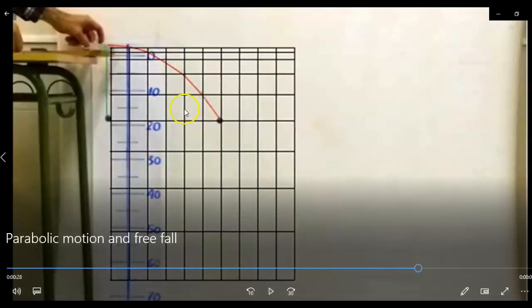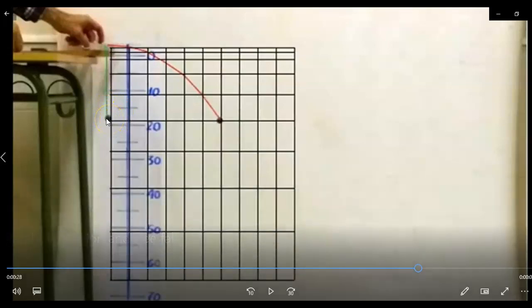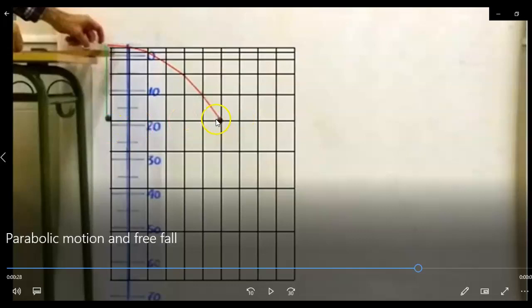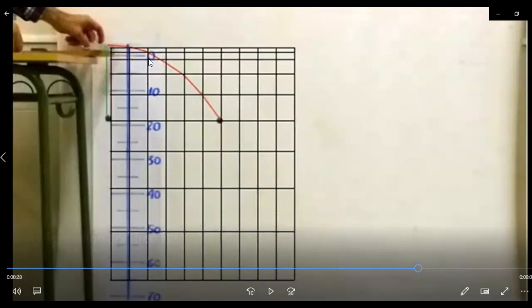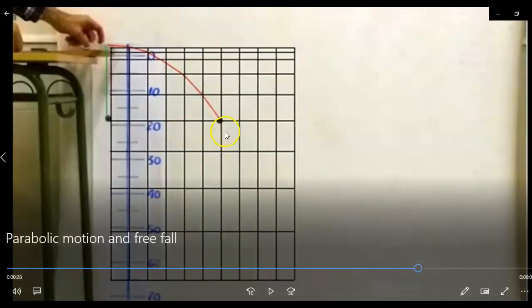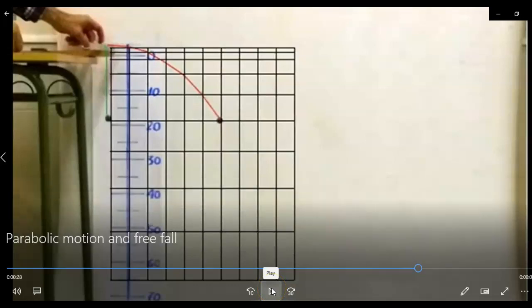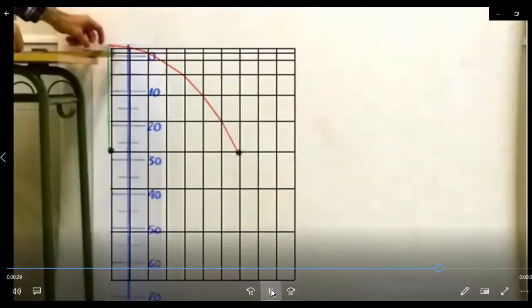What's different is how far they travel sideways. This one has no x-axis velocity to begin with, no horizontal velocity, and so it doesn't travel at all horizontally each second. This object does have some horizontal velocity, and so it travels one box to the right each interval of time. As each little moment of time goes by, maybe a tenth of a second or so, it travels the same distance sideways because it's traveling at a constant velocity in the horizontal direction.